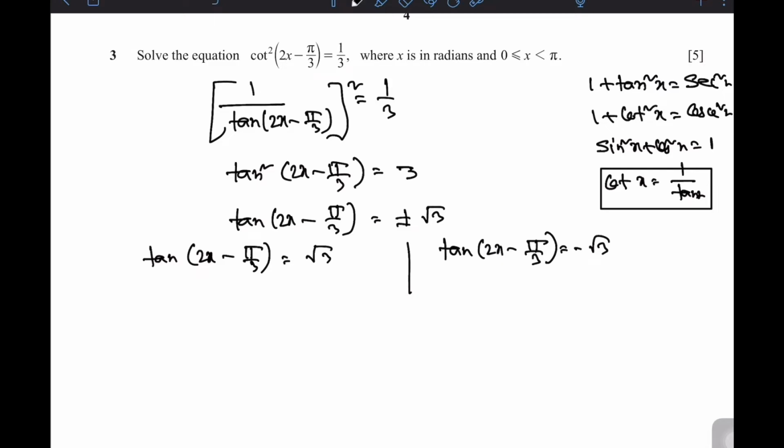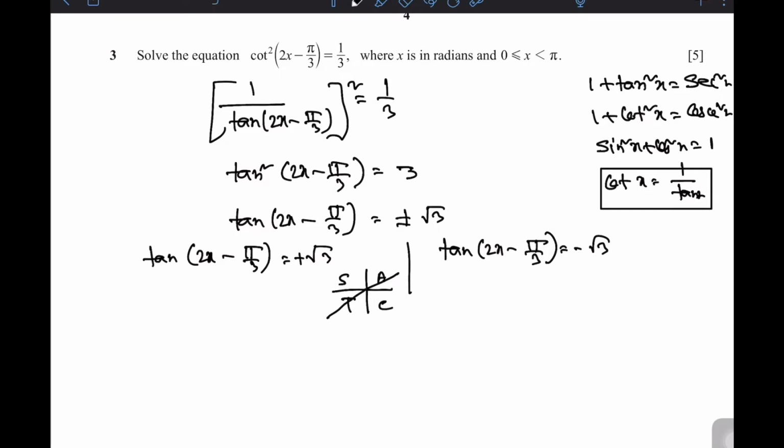Now let us check. We know that All Students Take Cambridge. In the first quadrant all are positive: sine, cos, tan, cot, sec, cosec. Second quadrant sine is positive, third quadrant tan is positive, fourth quadrant cos is positive. Since tan is positive, the values lie in the first quadrant and third quadrant.